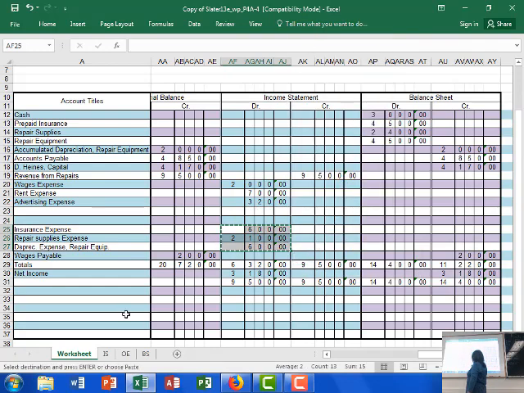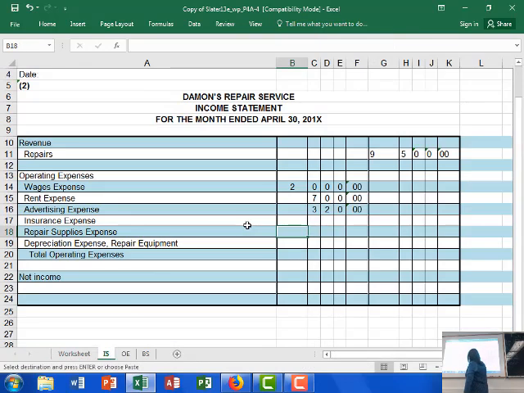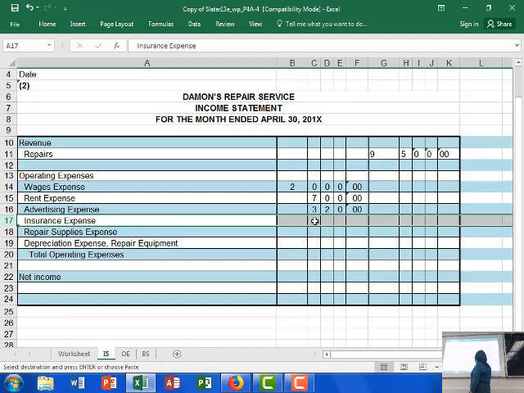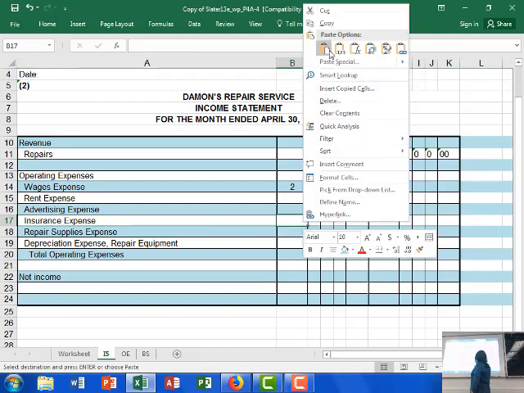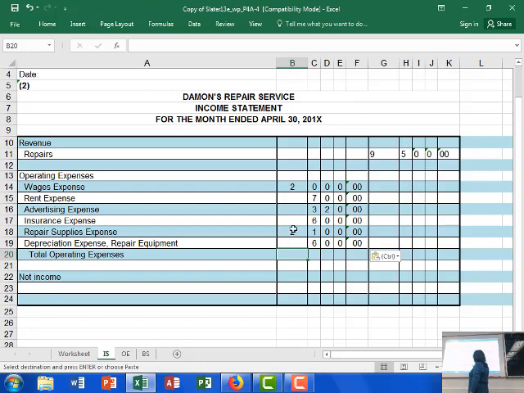The only thing you have to make sure when you're bringing them in is that you have the correct amounts coming in.